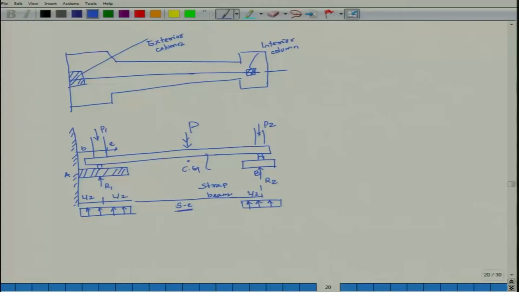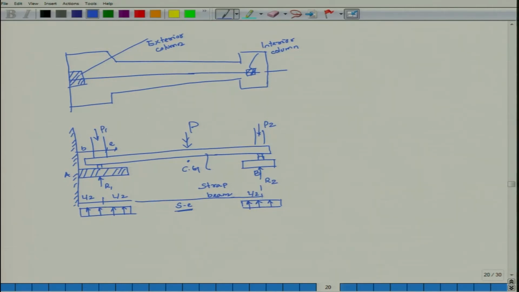Considering this is your footing, exterior column, this is your interior column, these two columns are joined by means of a strap beam, that is called a strap. The moment you connect, it will take care of your P1 and P2 and the CG comes into the picture.